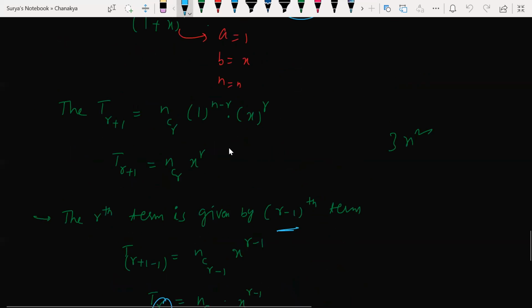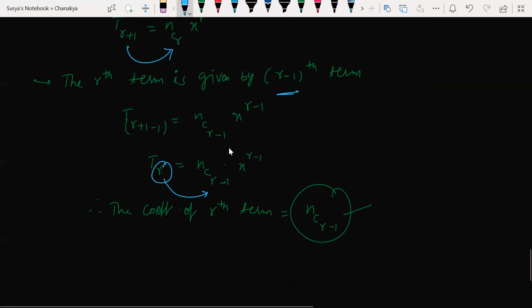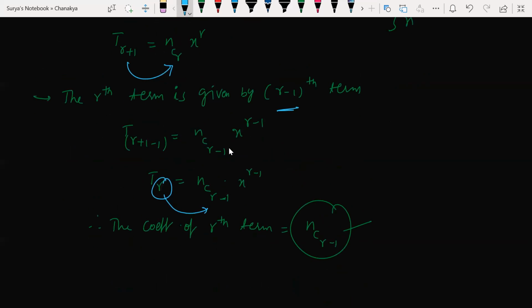For the (r+1)th term, I have taken r. Clear? For r, I am taking r minus 1. Now, for r minus 1, what is it going to be? r minus 2, isn't it?